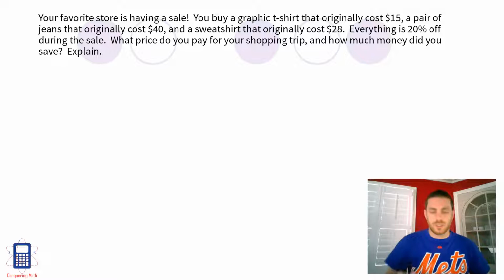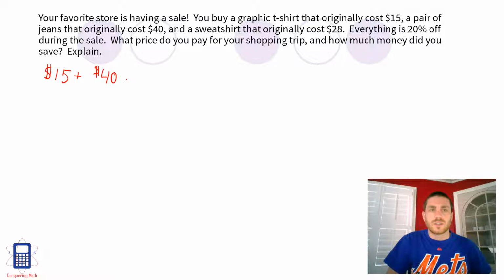So the first thing that we need to do is add up all of the costs to find the original amount. You could find the discount on each item individually, but that's just a lot more work. So we'll start with this. First, we started with a graphic t-shirt. That was $15. And then we had a pair of jeans, which were $40.